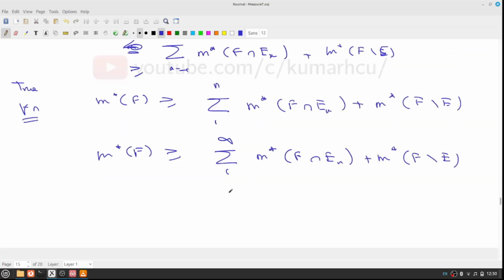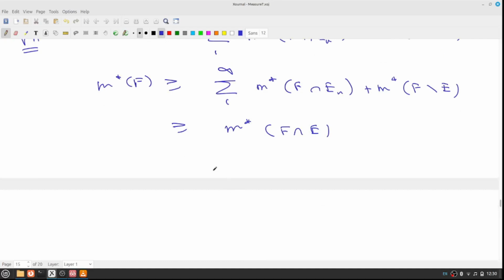But notice that by countable subadditivity, this is greater than or equal to m star of F intersection E. Are you following? F intersection E is the union of F intersection En.